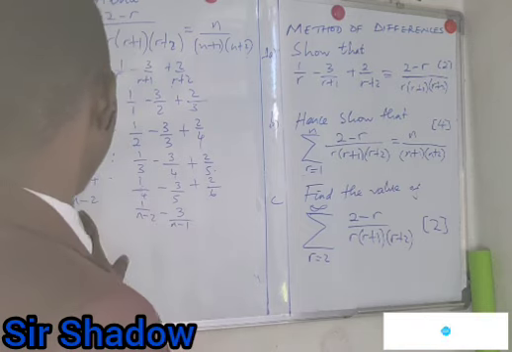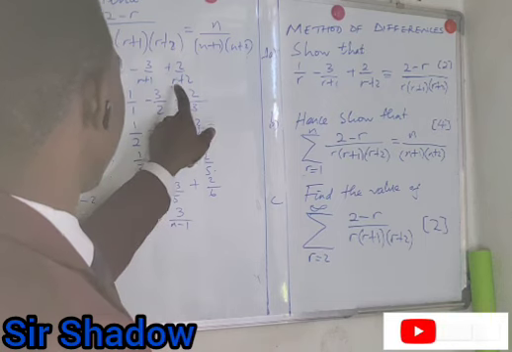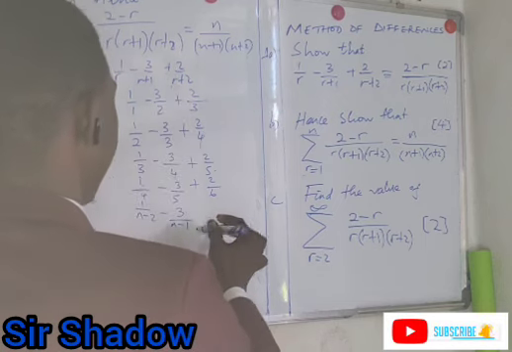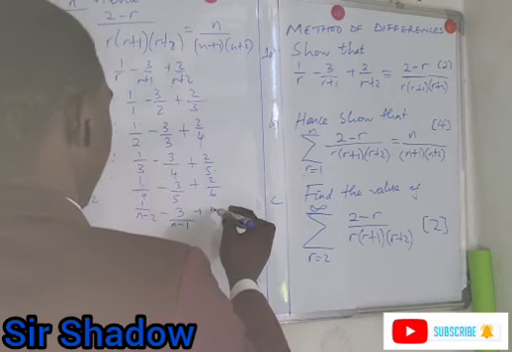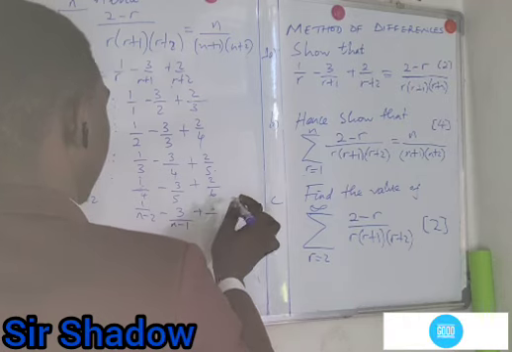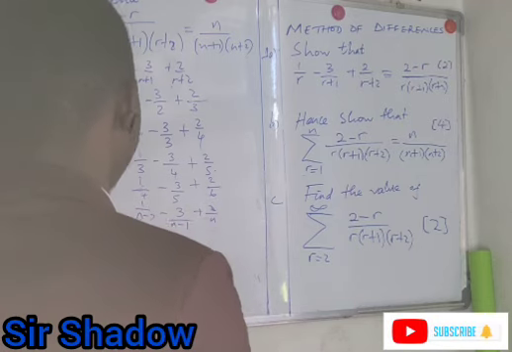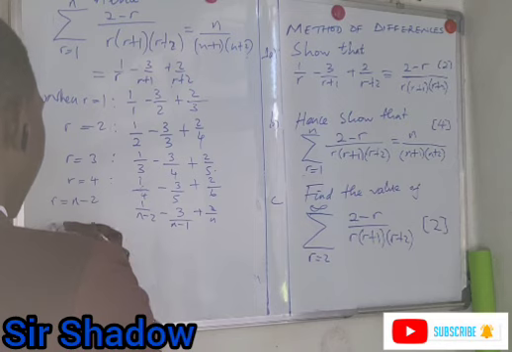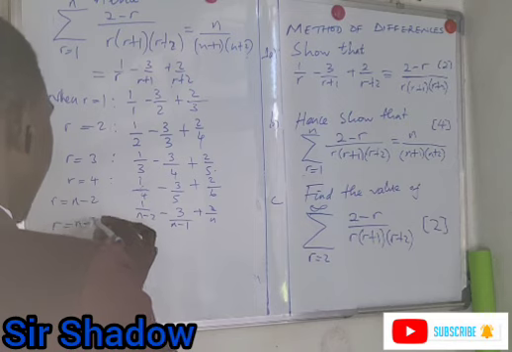So when r is equals to n minus 2, it becomes n here, plus 2 over n.